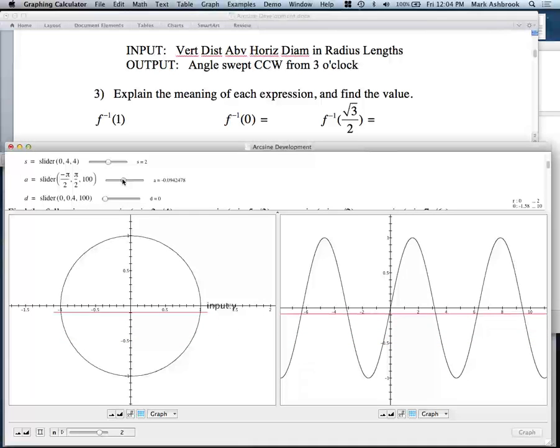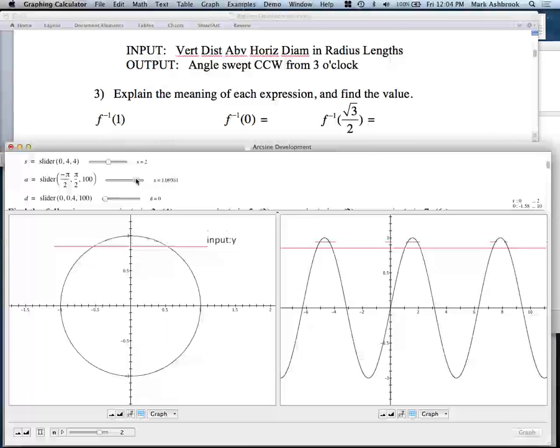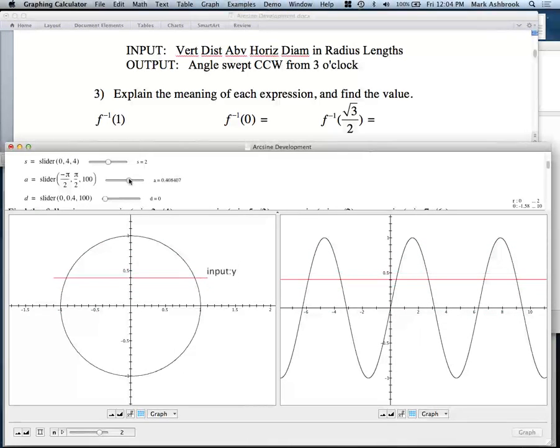And so now this becomes our input. If it's positive, we're up above, and if it's negative, we're down below. Now I want you to interpret the meaning of each notation and then find the value.